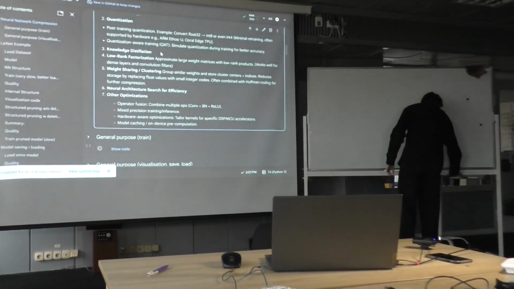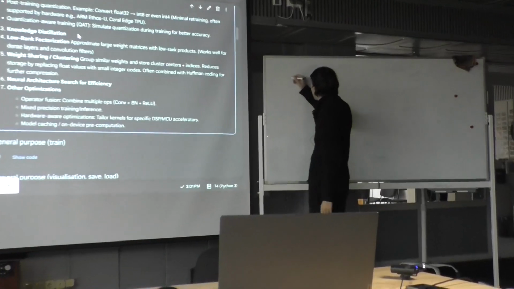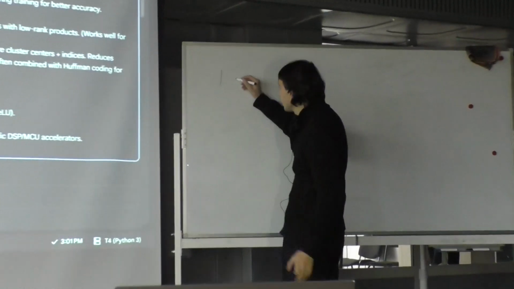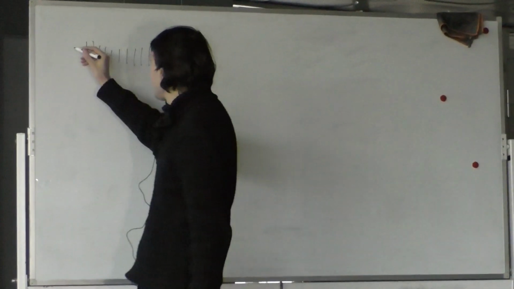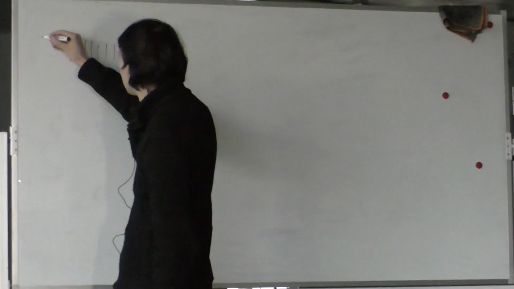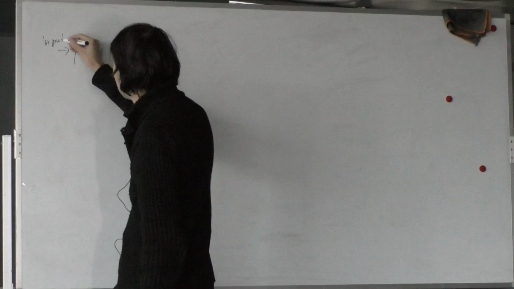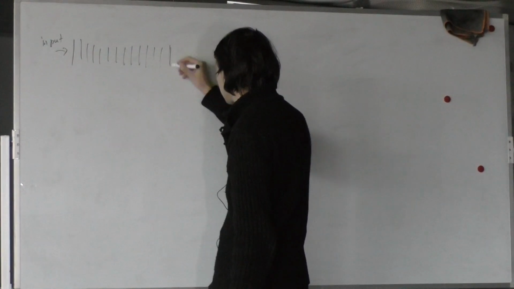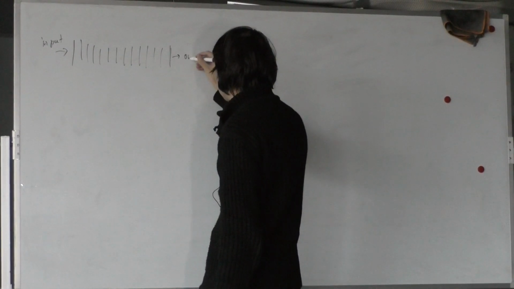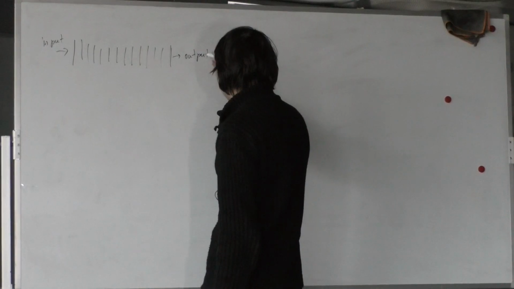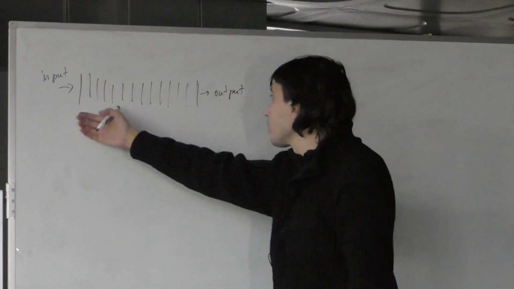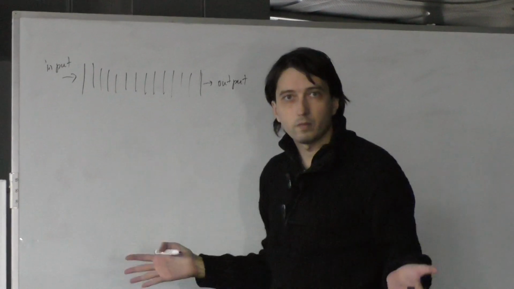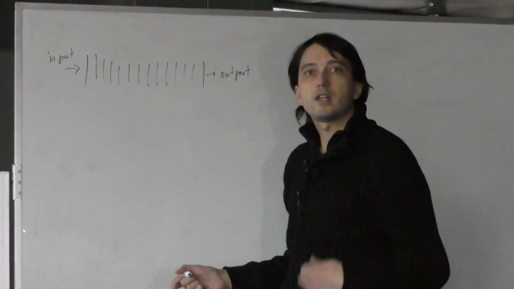So suppose you have some very large neural network that contains many layers, and we have some input here, and here we have some output. Suppose, as for today's lecture, we have some larger neural network that can recognize numbers.